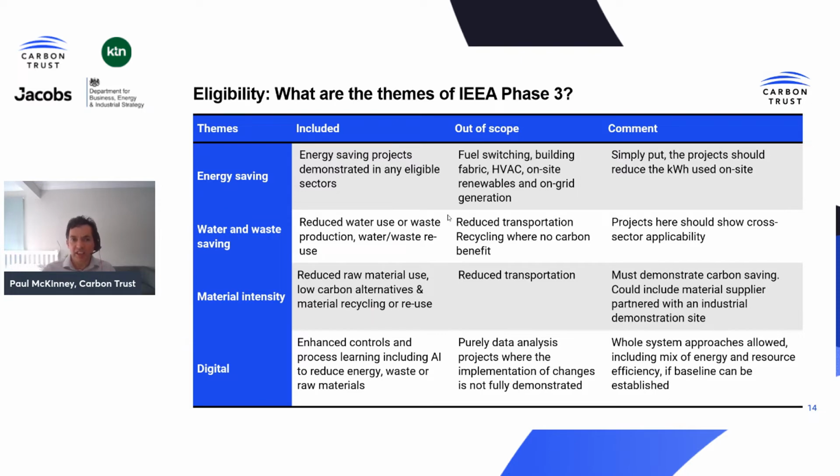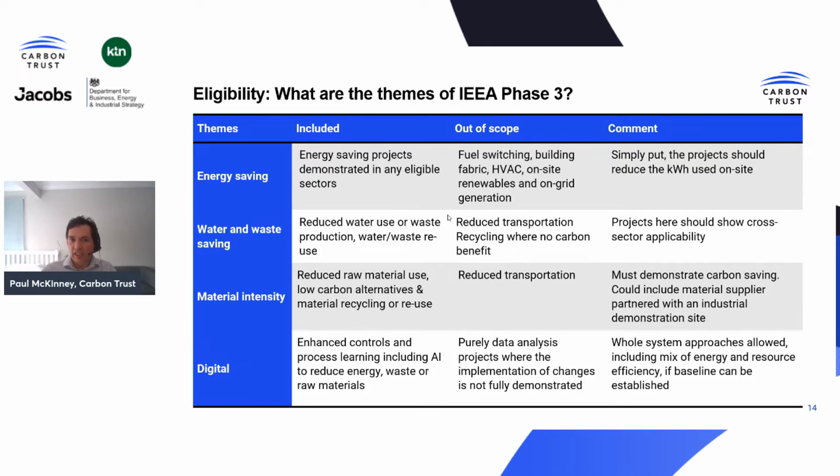The next area here is water and waste savings. So this could be reduced use of water on site, which obviously has a carbon benefit, reduction in the amount of waste produced and needing to be processed, or reuse on site of the water or waste, which is all, again, showing some carbon benefit and hopefully some cross-sectoral applicability.